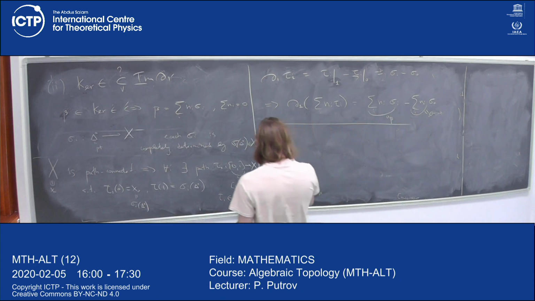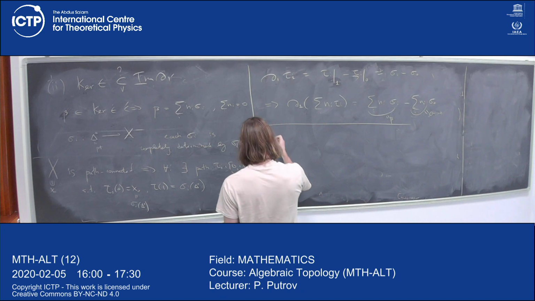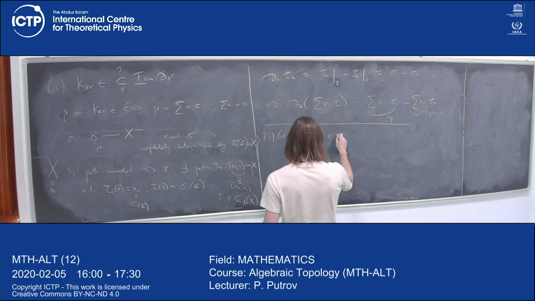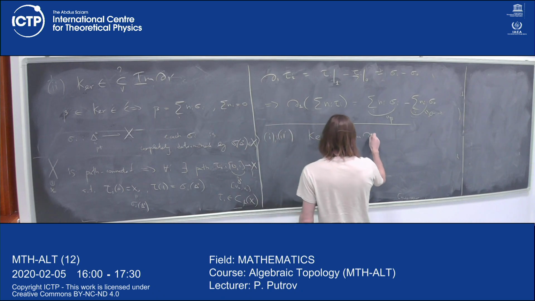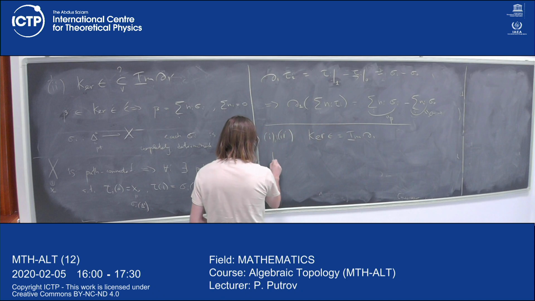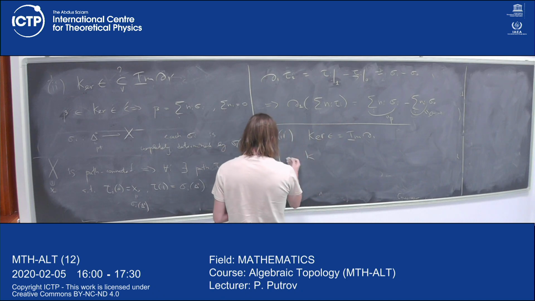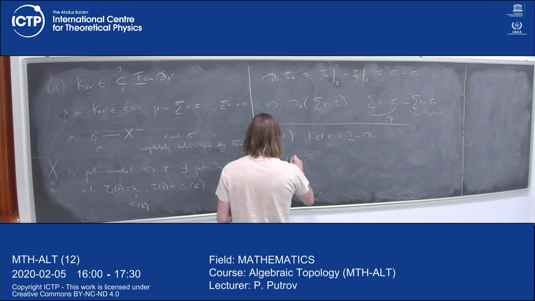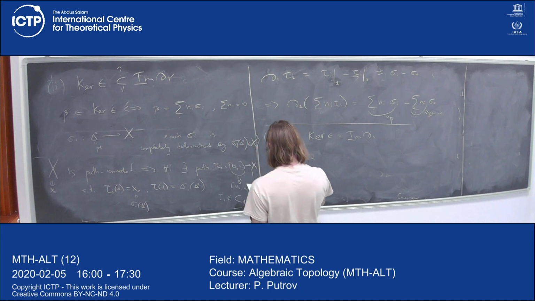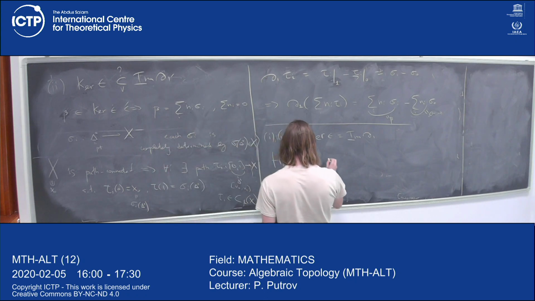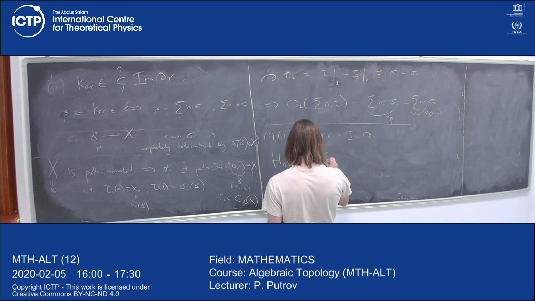So finally, by combining these two, we learned that the kernel of epsilon is the same as the image of d1. But this is just a definition: zero's homology of x is the quotient of the kernel of d0 divided by the image of d1.